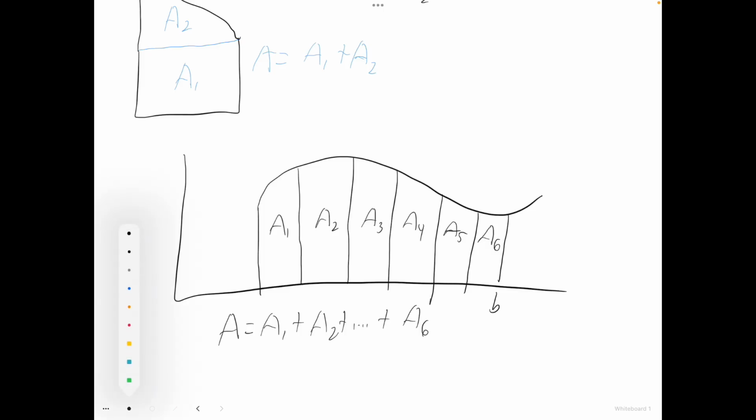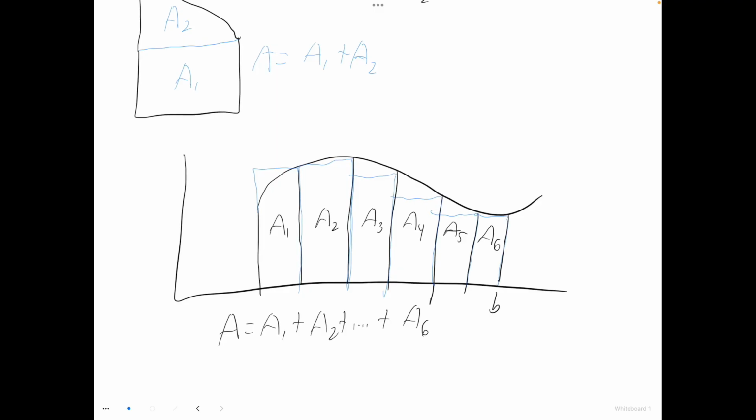But notice they're kind of close to rectangles. If we fill in gaps or cut off pieces, we can make a bunch of rectangles. We can make 6 rectangles here. They aren't quite the right area, but they're close.